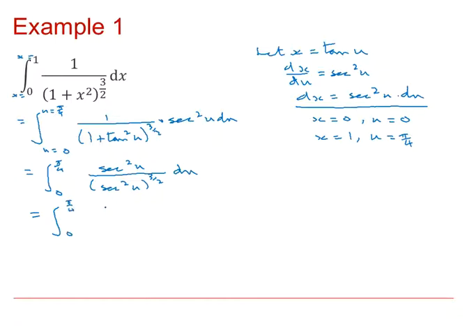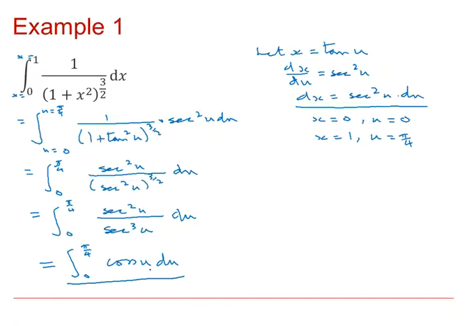So just looking at that denominator, we've got sec squared u to the power of half, which is sec u, and then it's cubed. So that's sec squared u du. Sec squared over sec cubed is 1 over sec, and 1 over sec can be written as cos u.